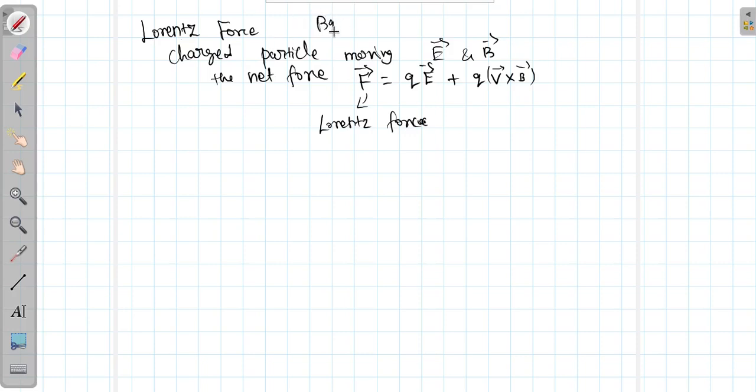Somewhere later we will see simply Lorentz force is BQV, and this combined one will also be called the Lorentz force.